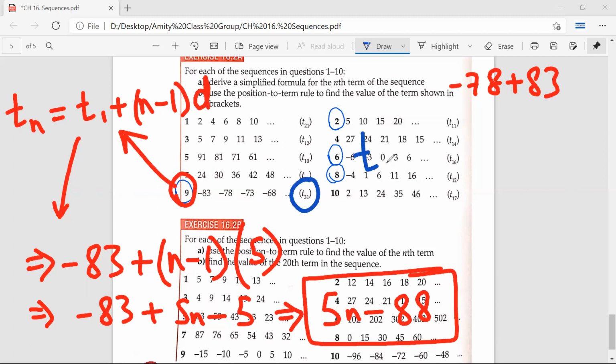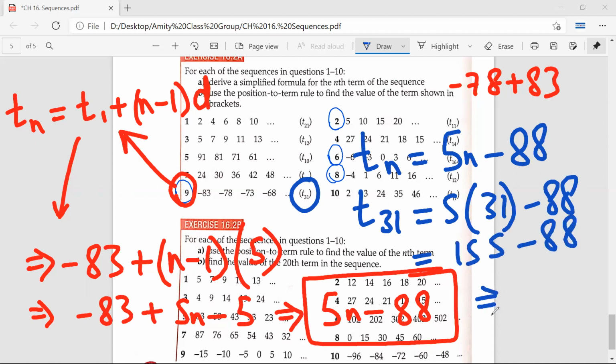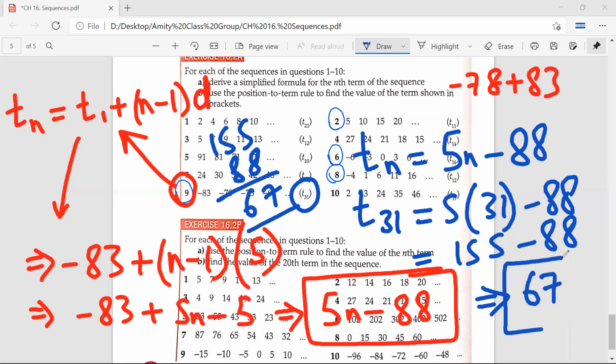Now Tn is equal to 5n minus 88. So T31 would be 5 into 31 minus 88, which is 155 minus 88, which should be equal to 67. So Mary, is it your answer? Yes.